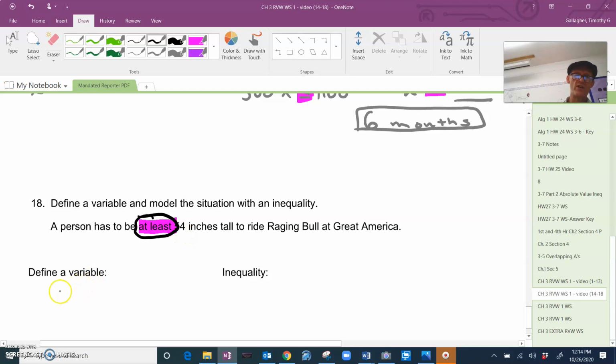So the variable is x equals inches, and the inequality is x greater than or equal to 54. So at least is greater than or equal to.